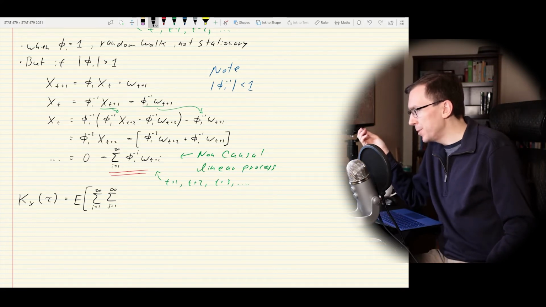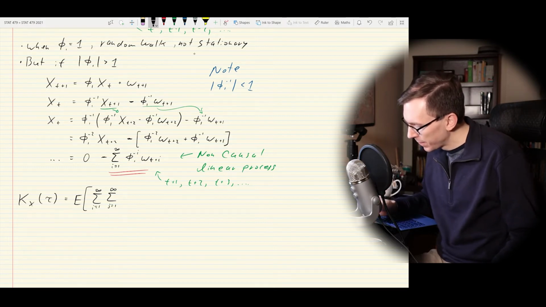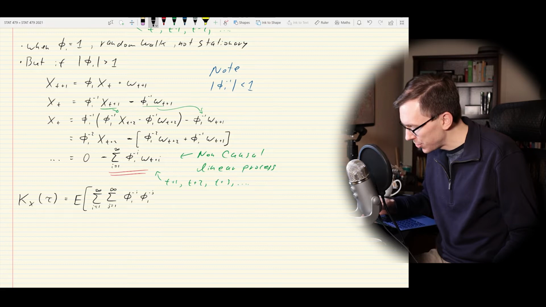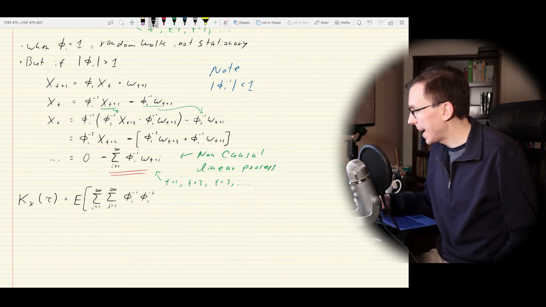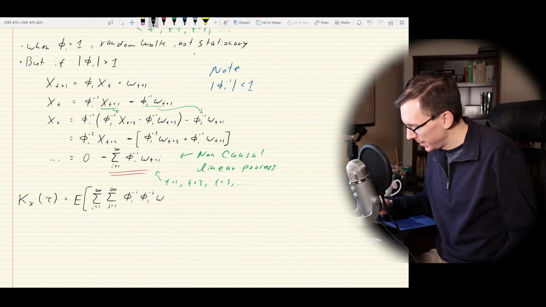And then we're going to have two things. We're going to have a coefficient of phi 1 to the minus i, a phi 1 to the minus j, a w at t plus j, and a w at t plus tau plus i.